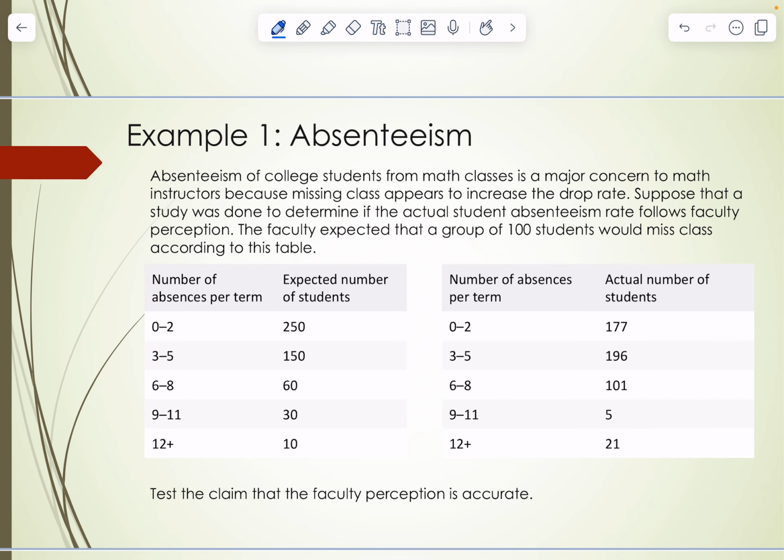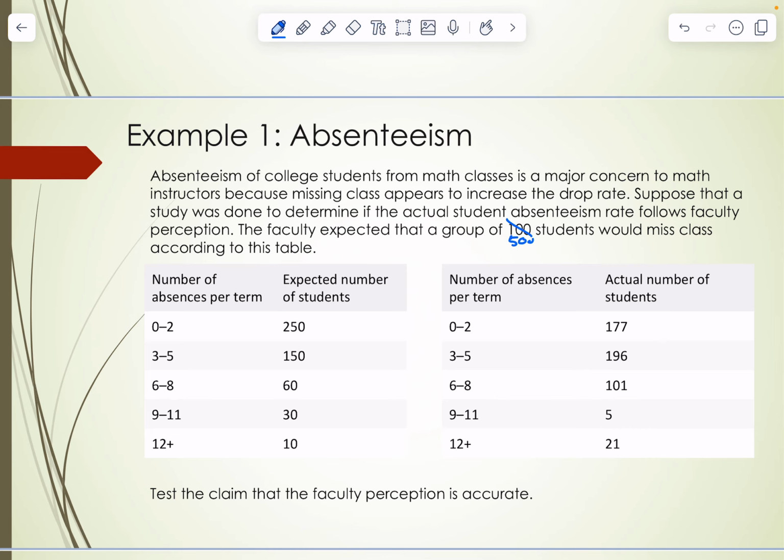The faculty expected that a group of 500 students would miss class according to this table. This is what was expected. So about 250, about half of them would only miss 1 to 2 classes. 150 of them would only miss 3 to 5 classes, and so on.